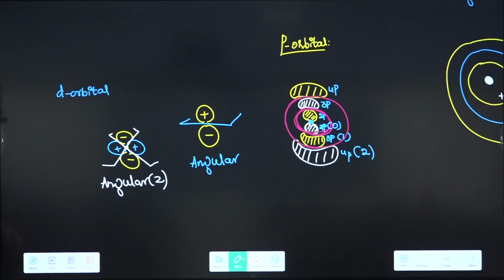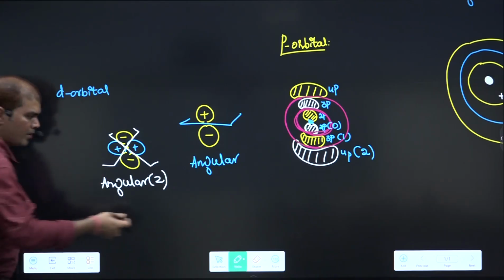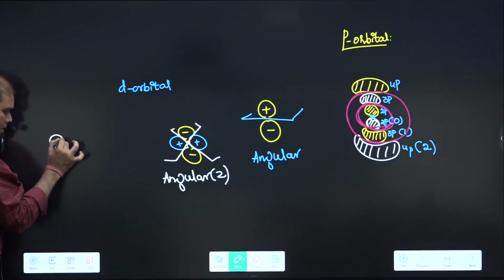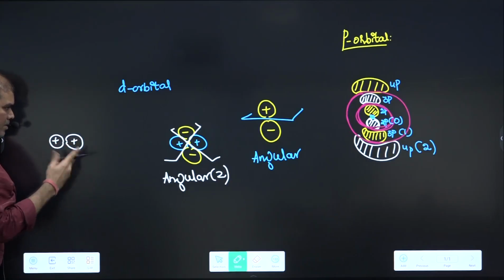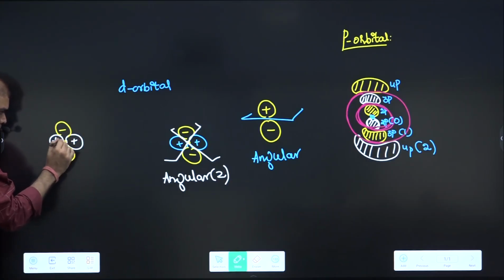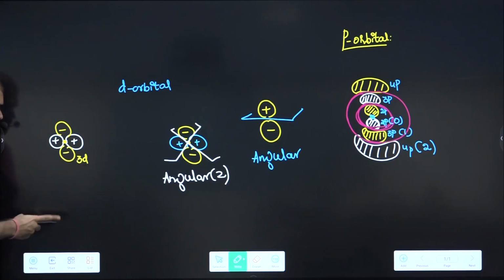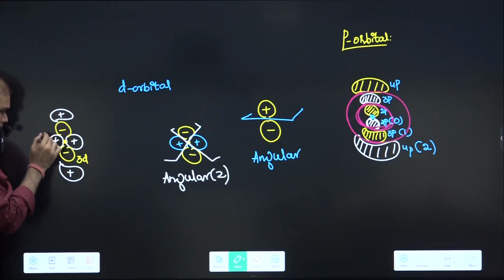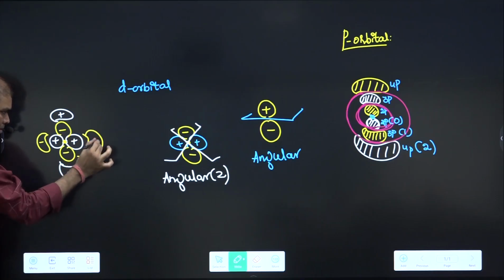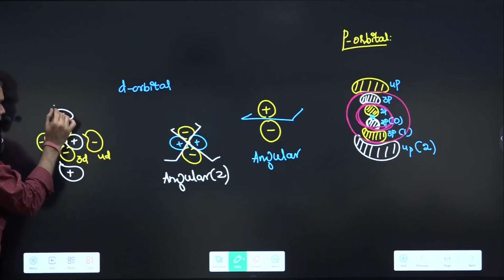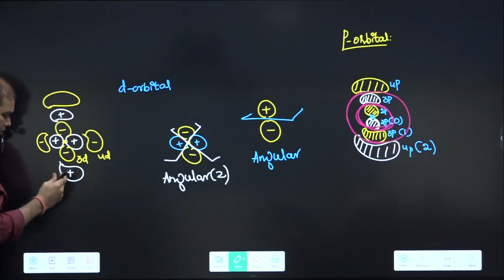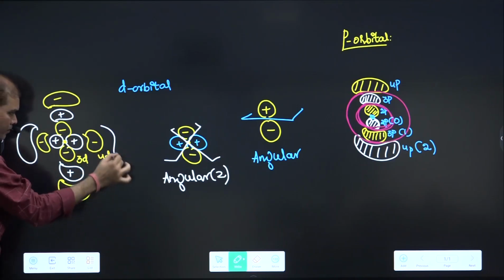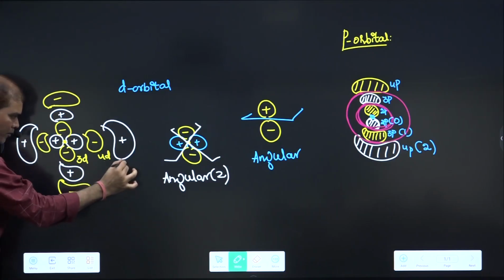There will be 2 angular nodes. And if I want to put the radial nodes, again you have to alternate. So imagine if this is plus plus, this is minus minus, this is of 3D, then 4D will be plus plus, minus minus, this will be 4D. This will be 5D.